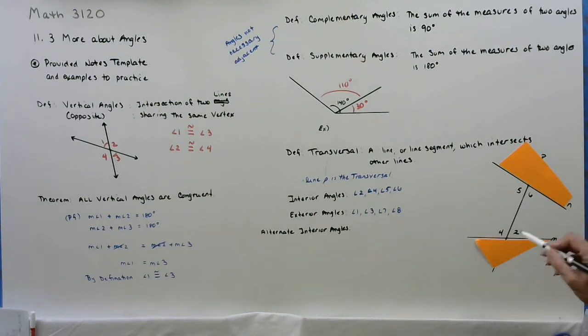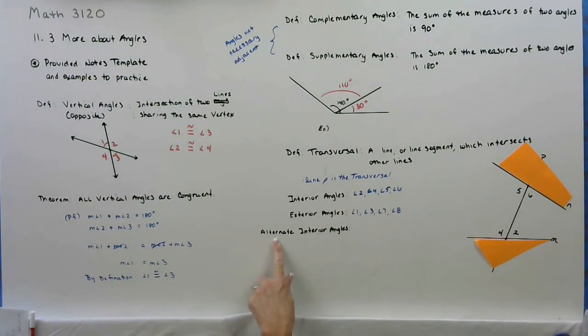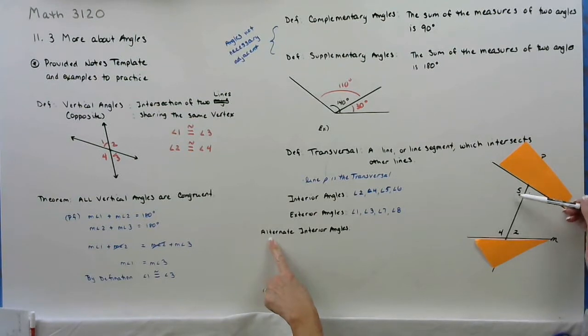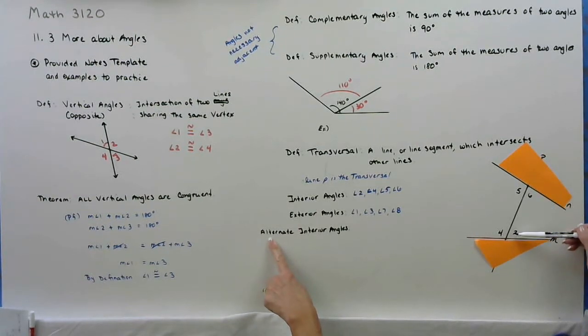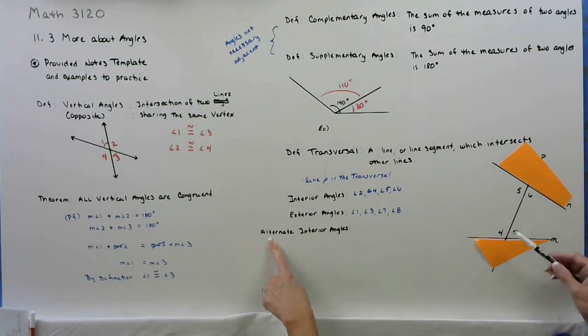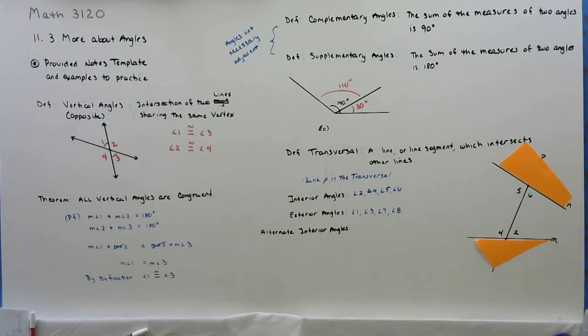I'm talking about the interior. If we want alternate interior, we want the ones that are on alternating sides of the transversal, meaning 2 and 5 are alternate interior because they are on alternate sides or different sides of the transversal P. 4 and 6 are also alternate, but they're on the inside of our two lines. So 4 and 6 would be alternate interior angles as well.